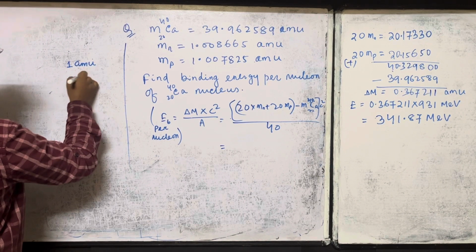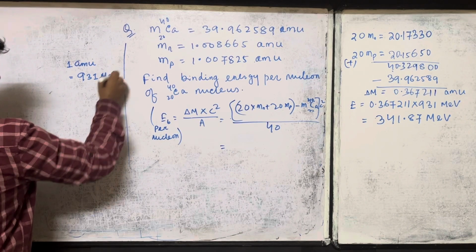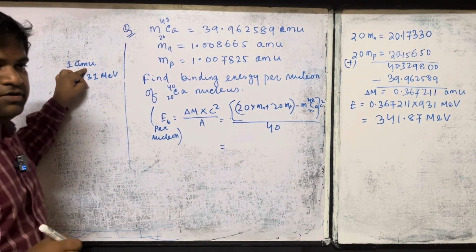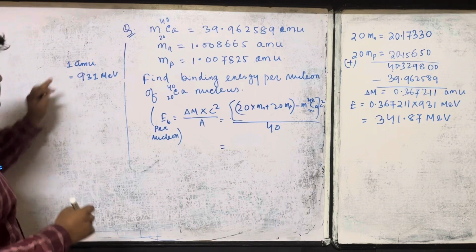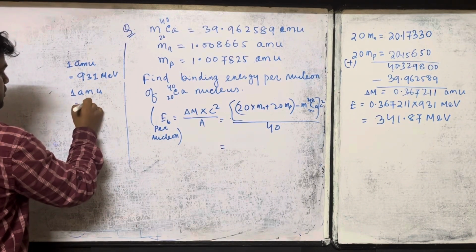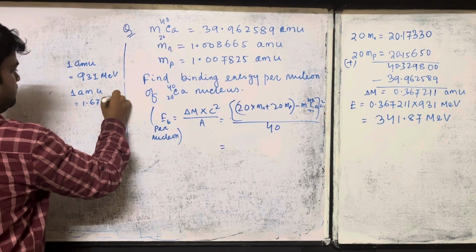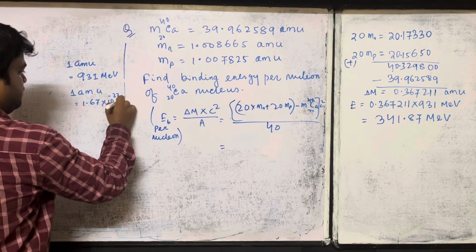931 MeV, mega electron volt. How will you do that? 1 U, basically 1 AMU, is approximately 1.67 into 10 to the power minus 27 kg.